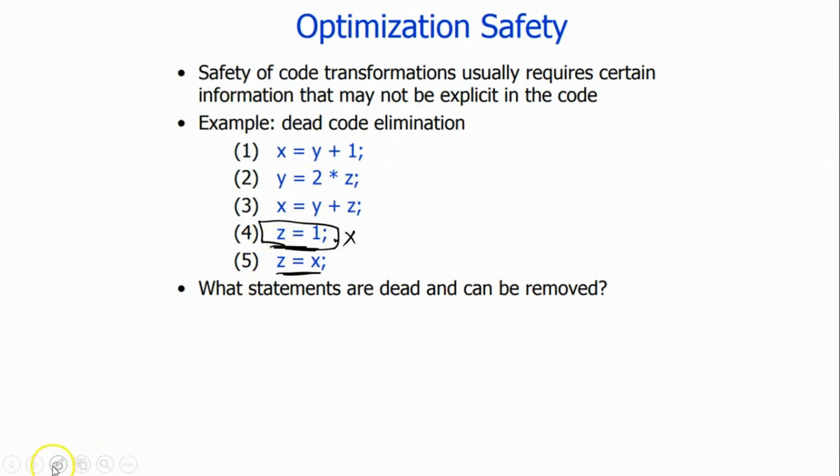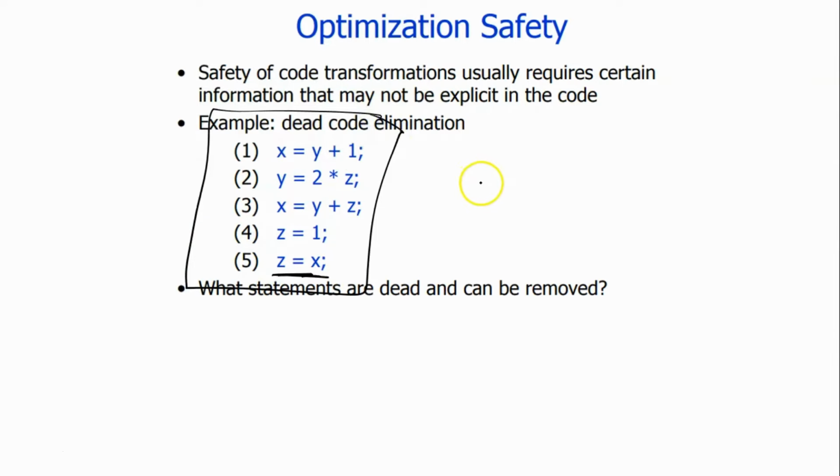Let's see whether any other code is dead code or not. We do not know whether this is dead code, because maybe this is just one basic block. We will talk about what a basic block is right now. Let's assume there is some other program, maybe.